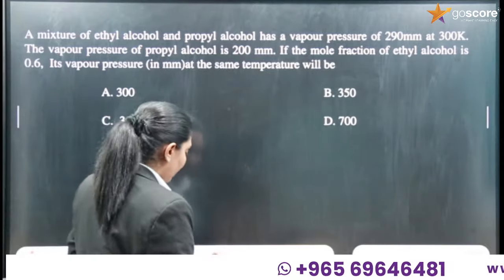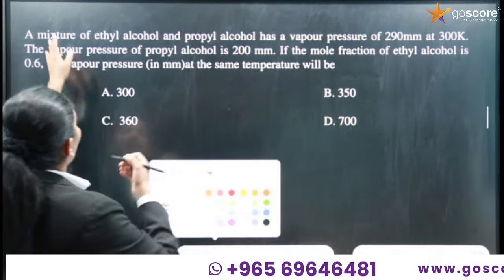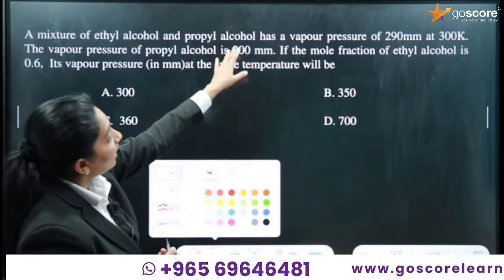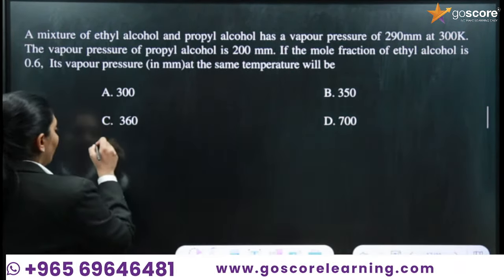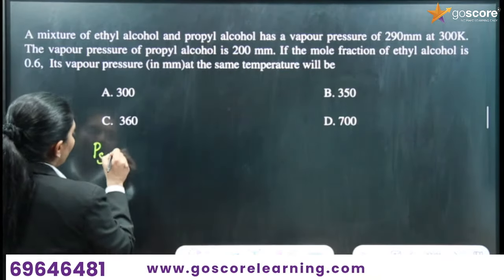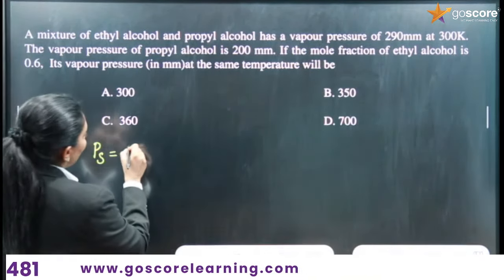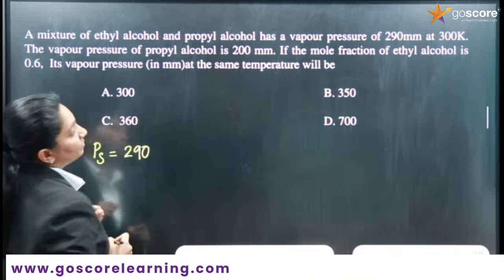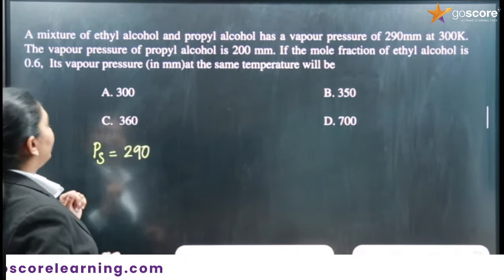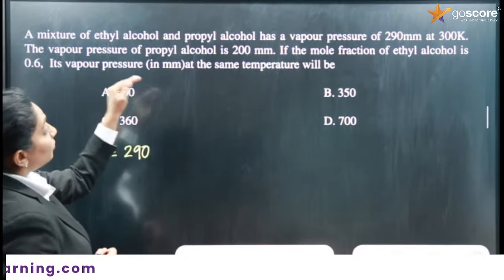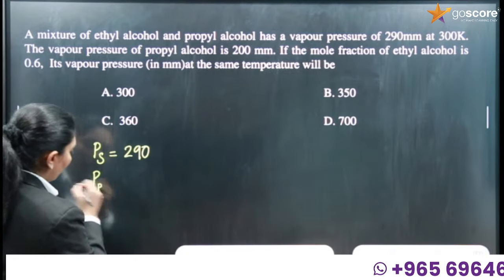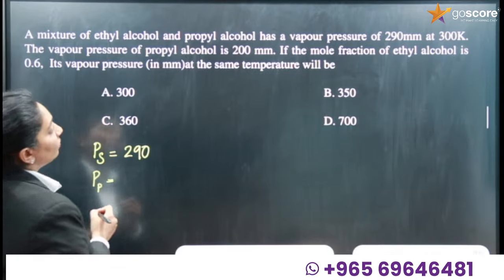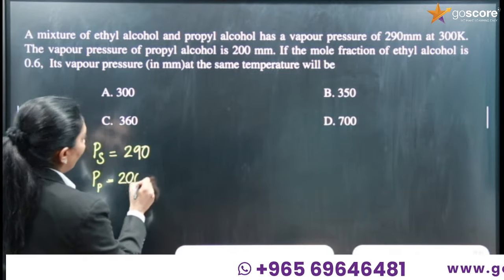What is given here in the question? See, a mixture of ethyl alcohol and propyl alcohol has a vapor pressure. So we are provided with the vapor pressure of the solution, that is 290 mm. Okay. At 300 Kelvin, the vapor pressure of propyl alcohol is given as 200 mm.